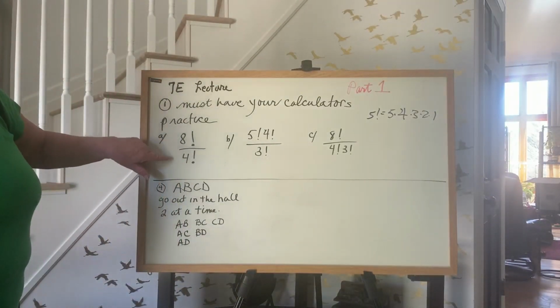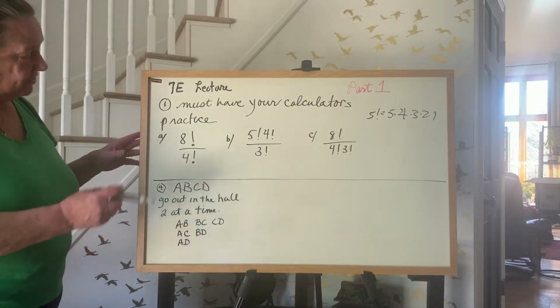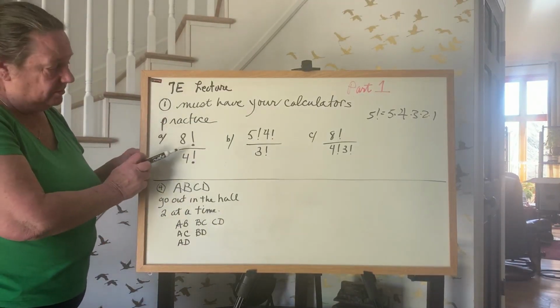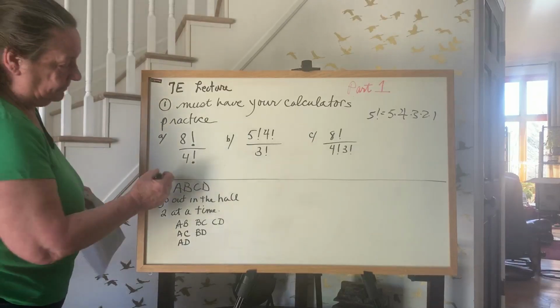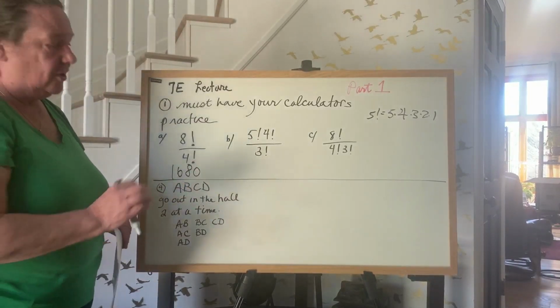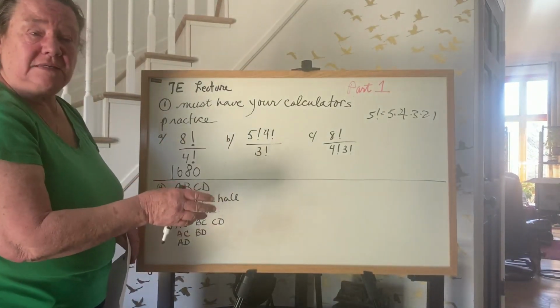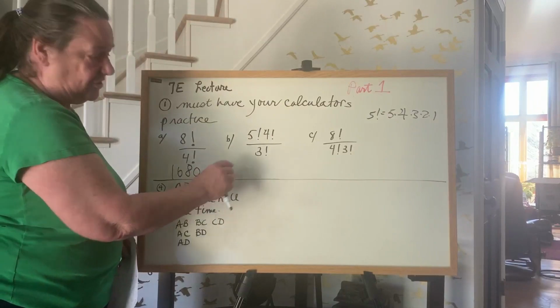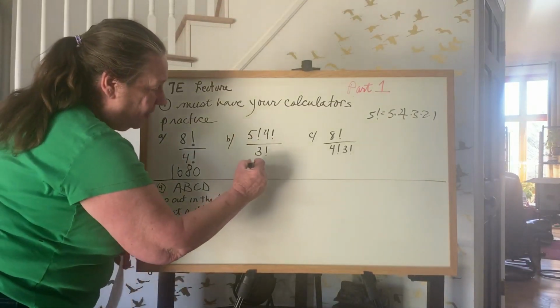These problems are examples of work with factorials. 8 factorial divided by 4 factorial is 1680. 5 factorial times, now you can put in the times sign or not, times 4 factorial divided by 3 factorial is 280.